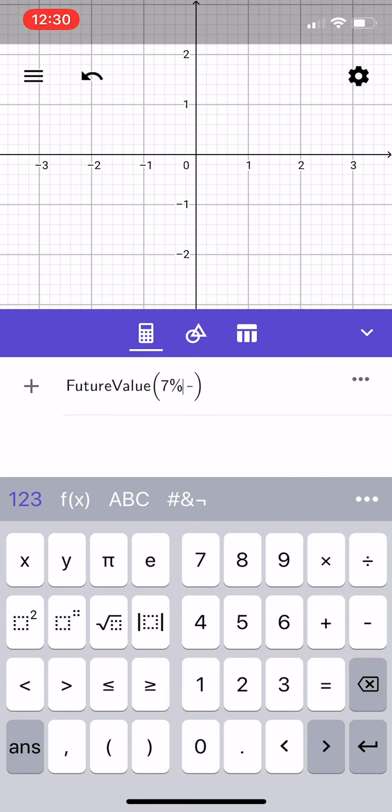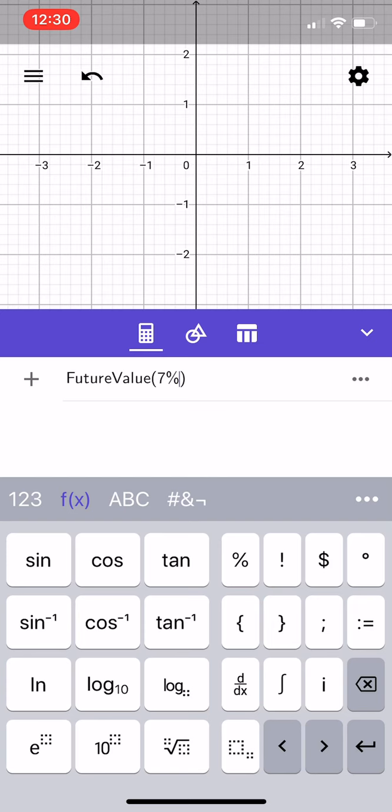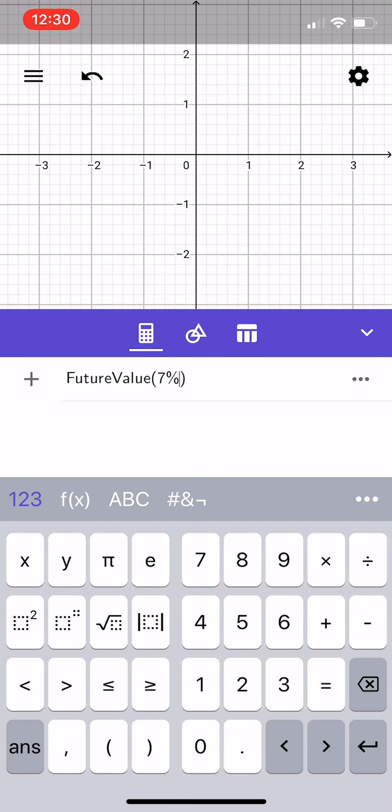It doesn't like what I just did. Okay, future value, 7%. I guess I don't need to divide that by 1 right now. And then go back to 1 to 3 for the comma. And then we're supposed to put the number of periods. So it's annual times 8 years, and then comma.